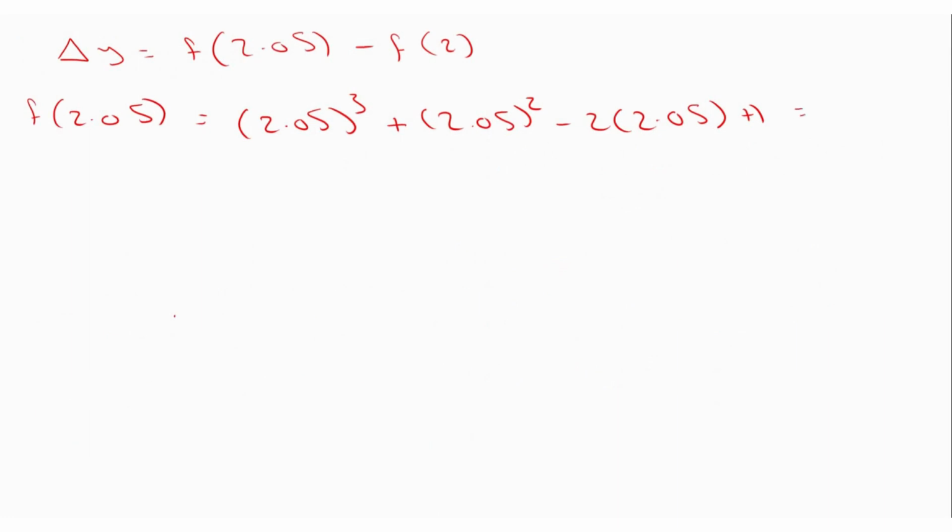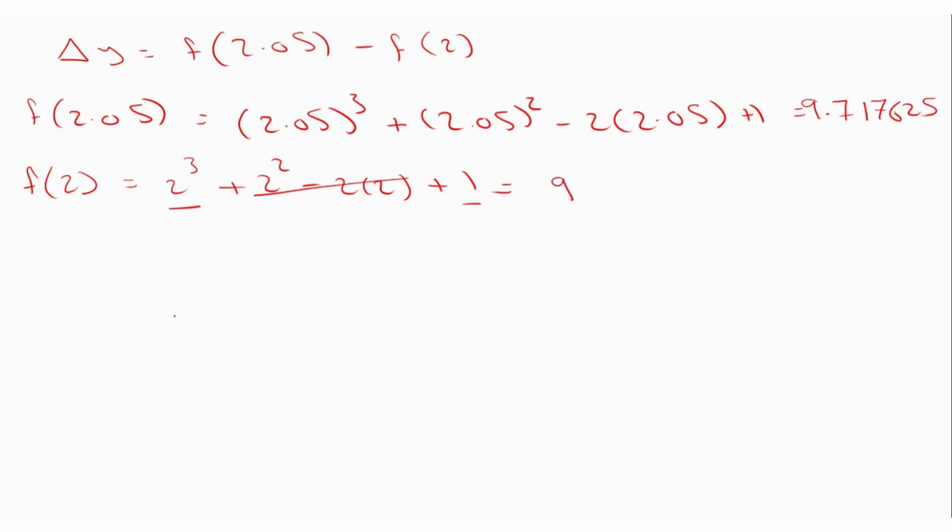Now if we use the calculator to calculate this, we will get 9.717625. And now if we want to substitute using 2, we will get 2 cubed plus 2 squared minus 2 times 2 plus 1. So this is 0, and we have here 9, because this is 8 plus 1.